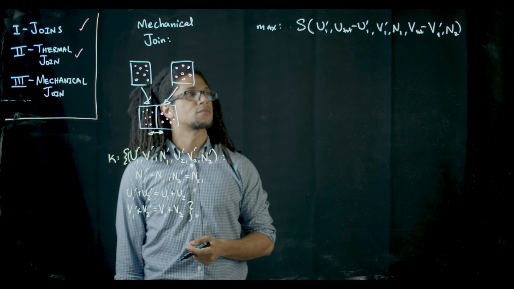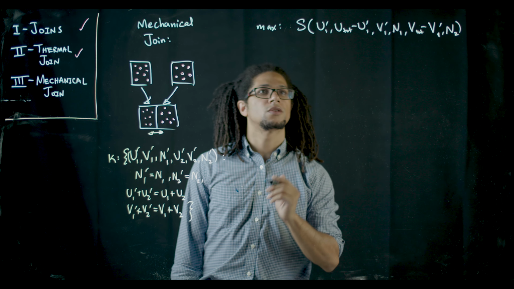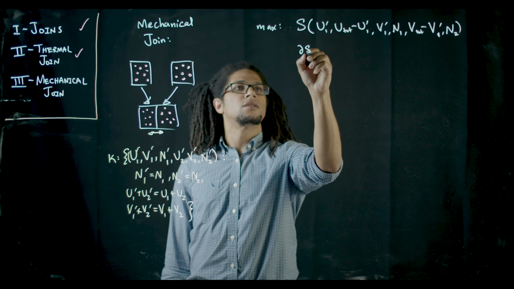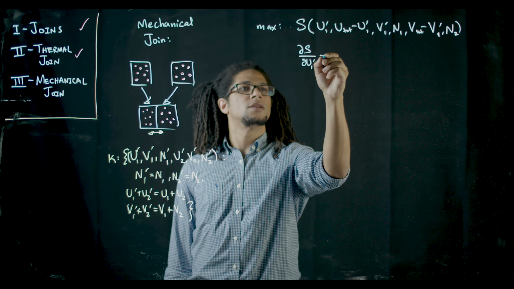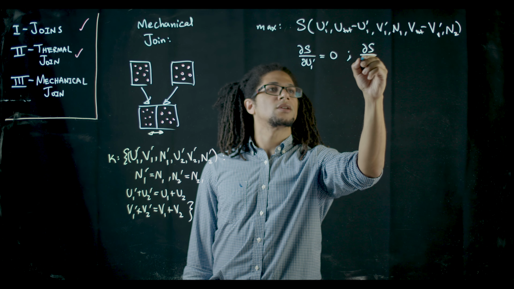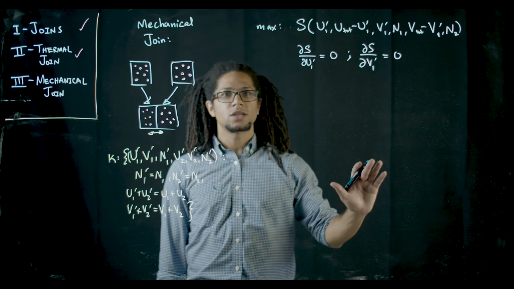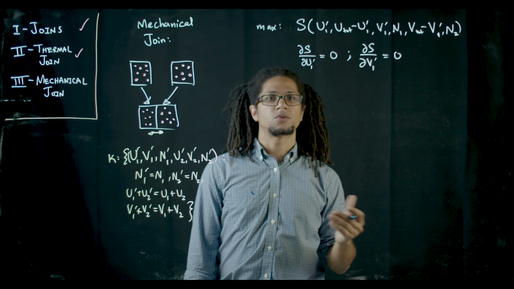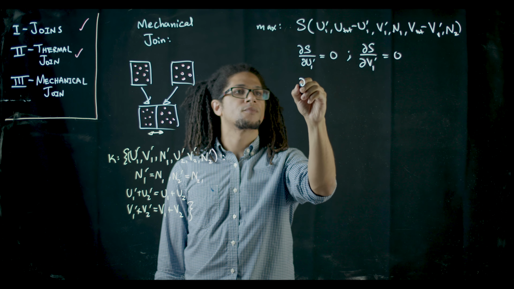Excellent. That means that we'll have two distinct differential conditions. The first one will be partial S, partial U1 prime is equal to 0. And the second will be partial S, partial V1 prime is equal to 0. Let's knock out the energy condition first, because we'll see that it's not very different from what we've already done.